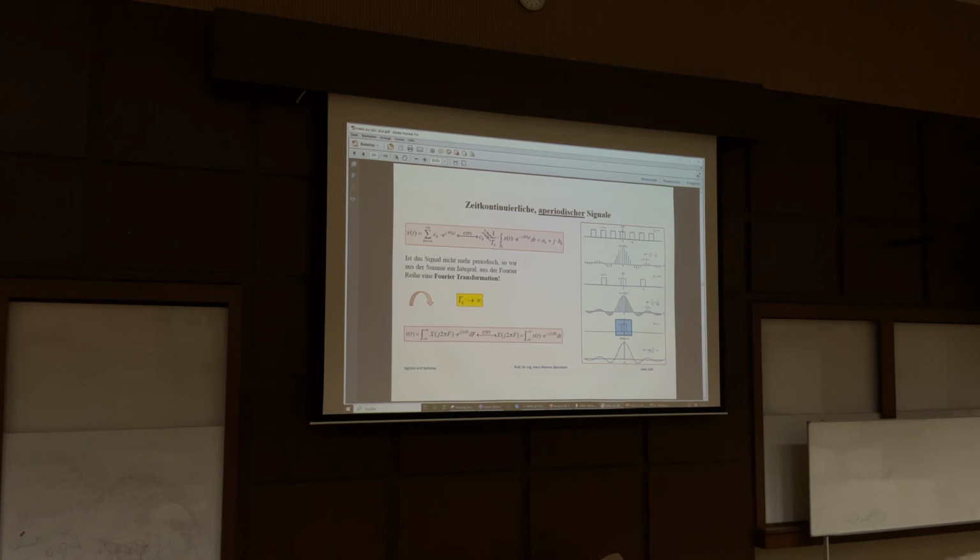You see the CKs here, the integral over T0, with 1 over T0. That converts now into a Fourier transformation, a Fourier transform. So the Fourier series, the sum, is now an integral. The discrete sum goes to an integral.